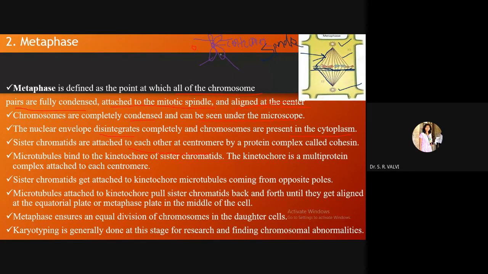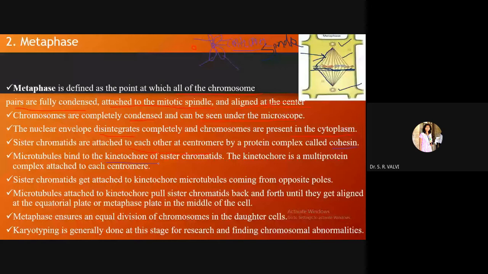Because they are parts of a single chromosome, equal in length, and units of a single chromosome. Hence we call them sister chromatids, right? Sister chromatids are attached to each other at the centromere by a protein complex called cohesin. With the help of cohesin present within the centromere, these chromatids are attached together.